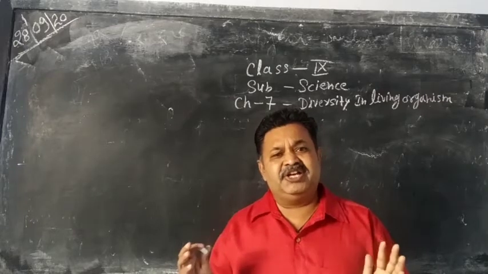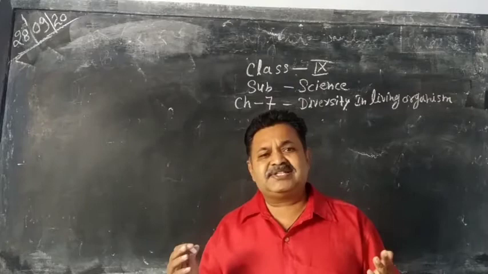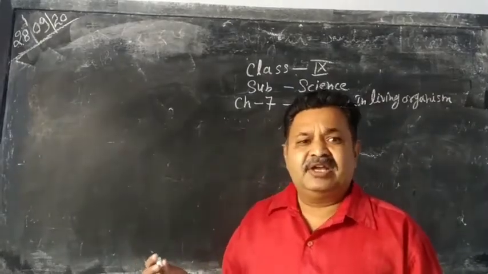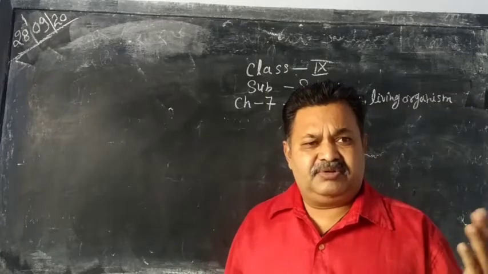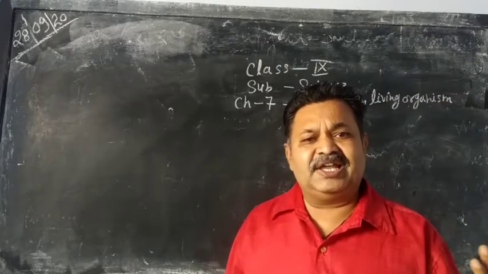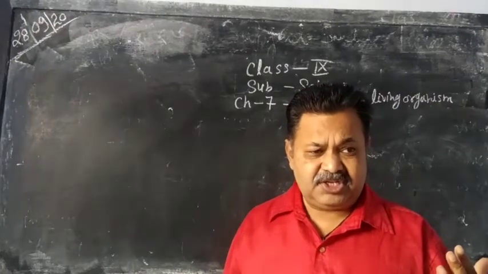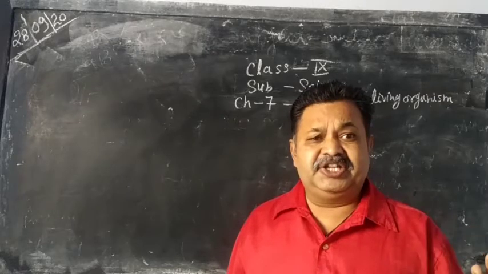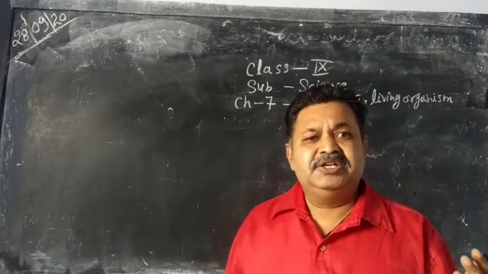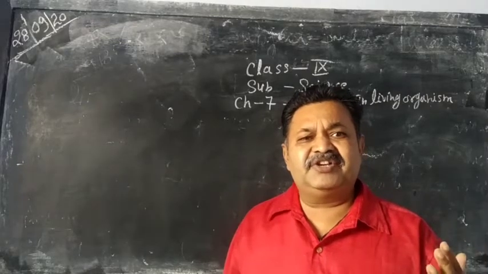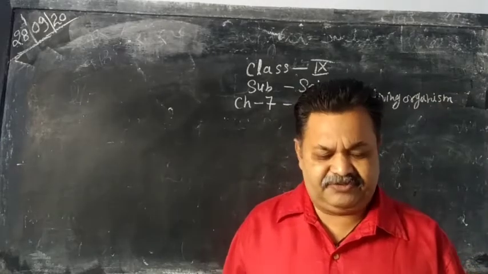So we have differentiated living organisms into two groups, plants and animals, and we study these organisms on the basis of their characteristics. Such a study, in which we study living organisms by their classification, is known as diversity in organisms or diversity in life.